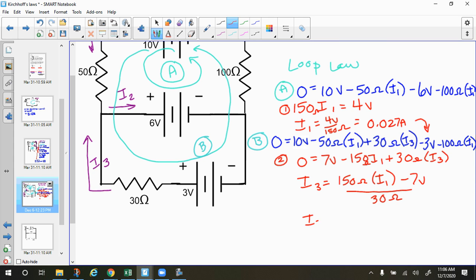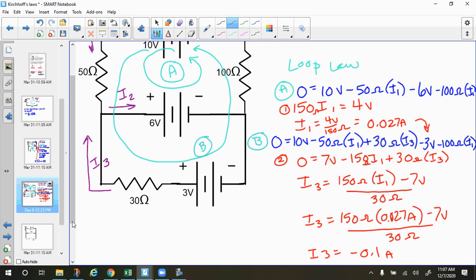So I3 is equal to 150 times 0.027 amps minus 7 volts over 30 ohms. So we get I3 is equal to negative 0.1 amps.